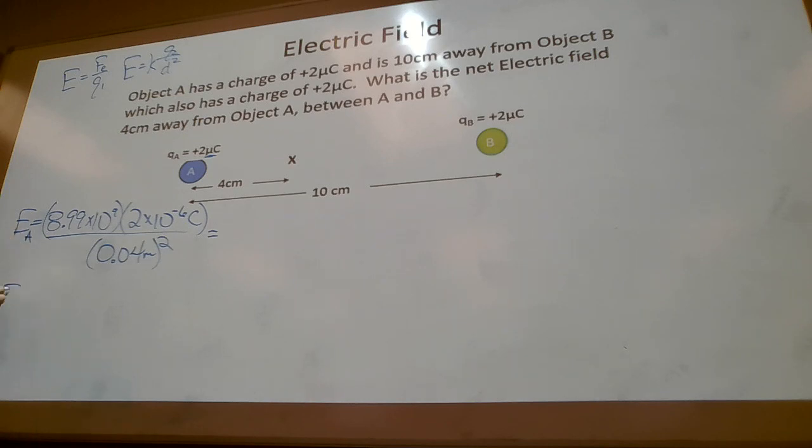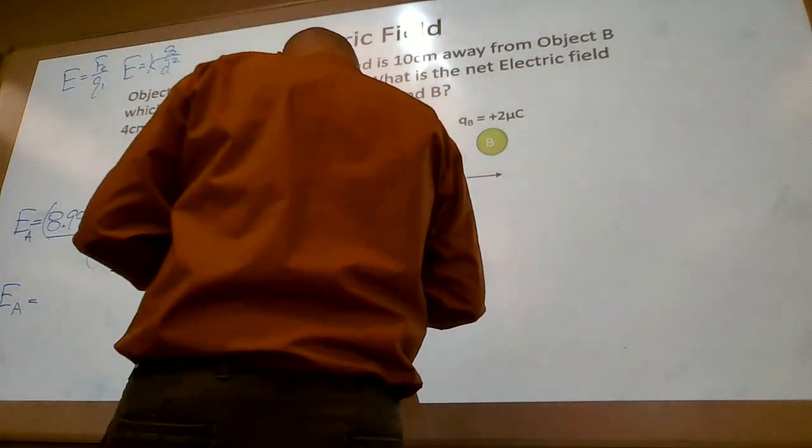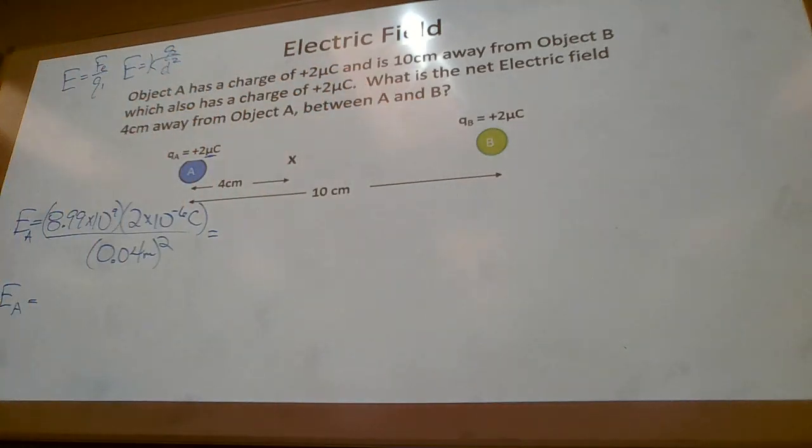That's the electric field from A. If you could calculate that, that would be stupendous. What is it?